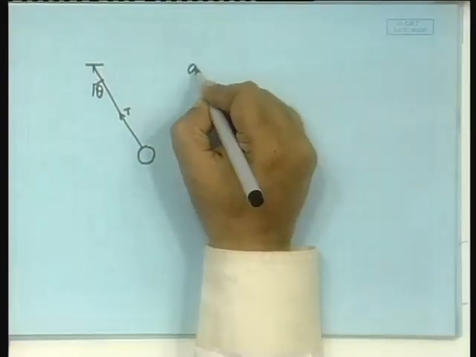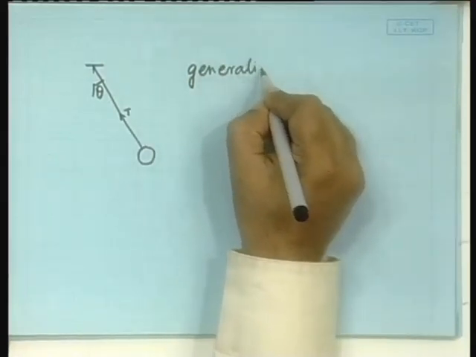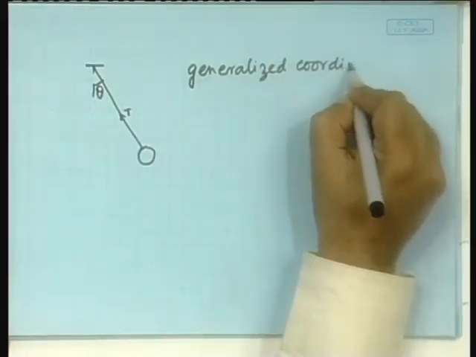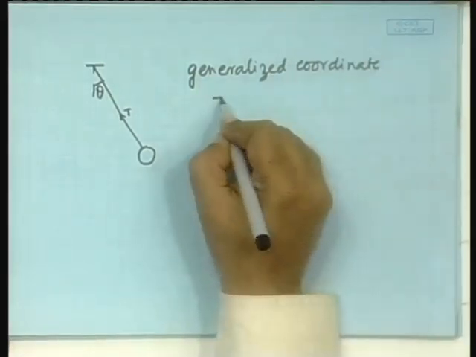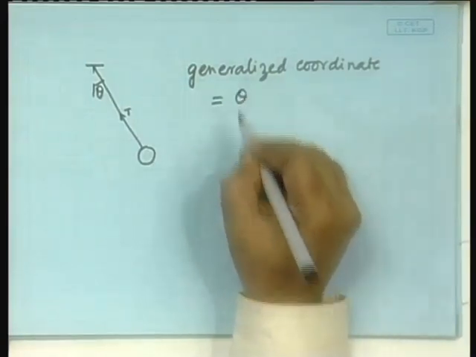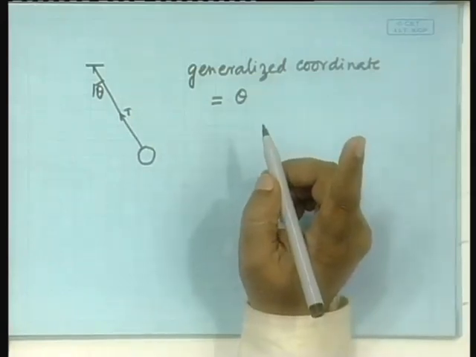So, the generalized coordinate is what? Theta. The generalized velocity, remember one thing, the generalized velocity is simply the derivative of theta, derivative of the generalized coordinate, not the actual velocity of the body.